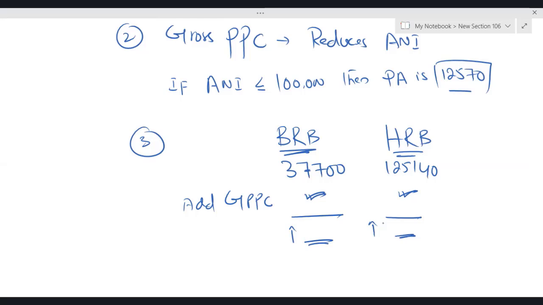Gross gift aid donation works in exactly the same way. In case of gift aid donation, whatever the individual has paid is 80%, and 20% will be paid by HMRC. Second, with the gross gift aid, your adjusted net income reduces. Third, basic and higher rate bands will increase by gross gift aid donation.